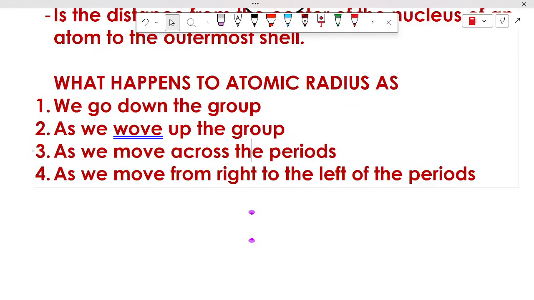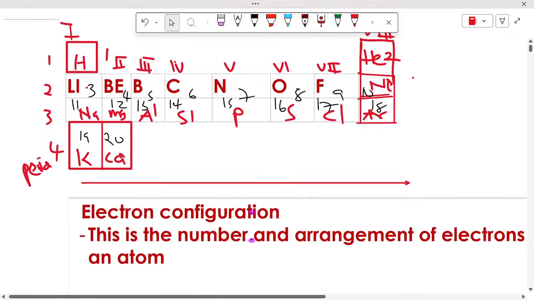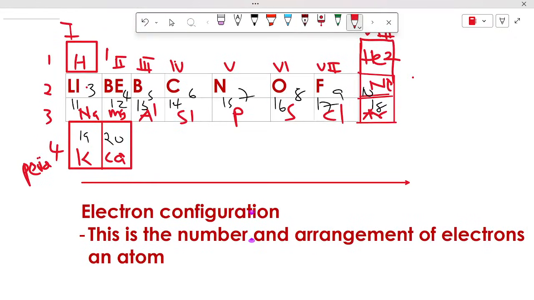As we move up, let's start with potassium at the bottom, then sodium, lithium, hydrogen.